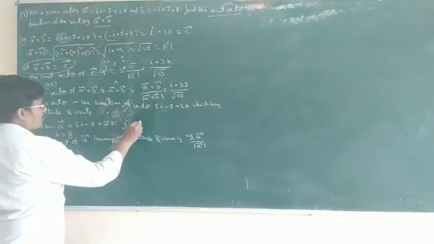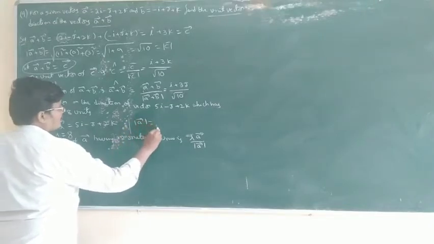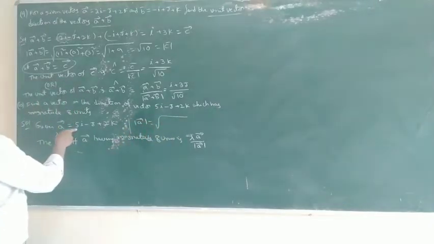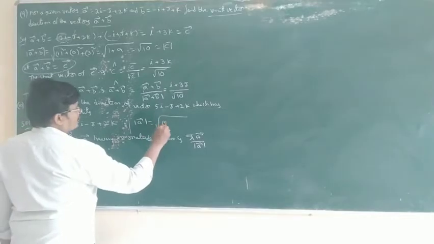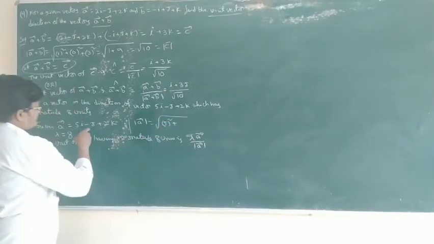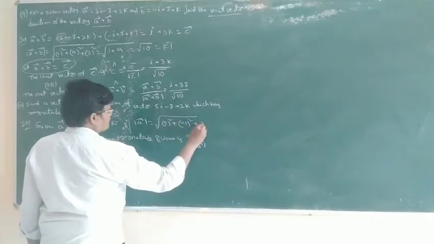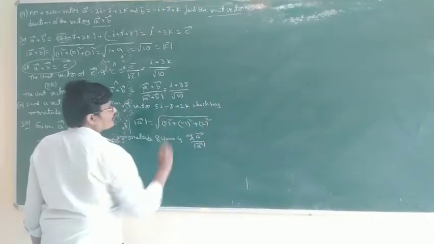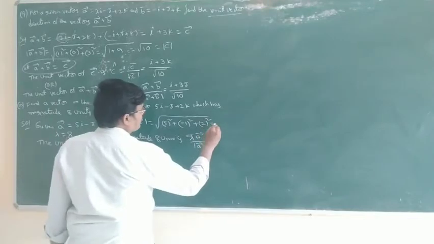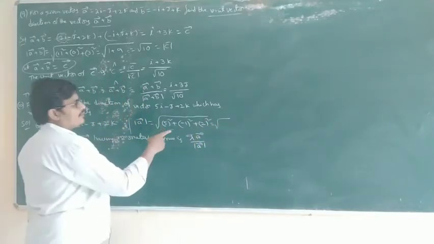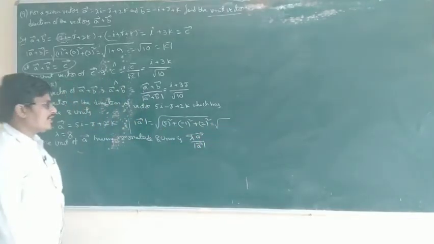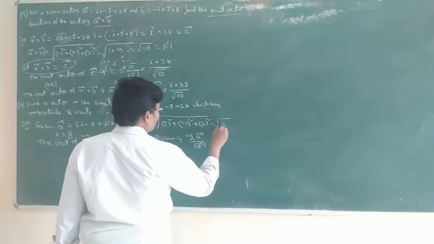So here mod a bar is equal to root of 5 square plus minus 1 whole square plus 2 square, which is root 25 plus 1 plus 4, 30. Root 30.